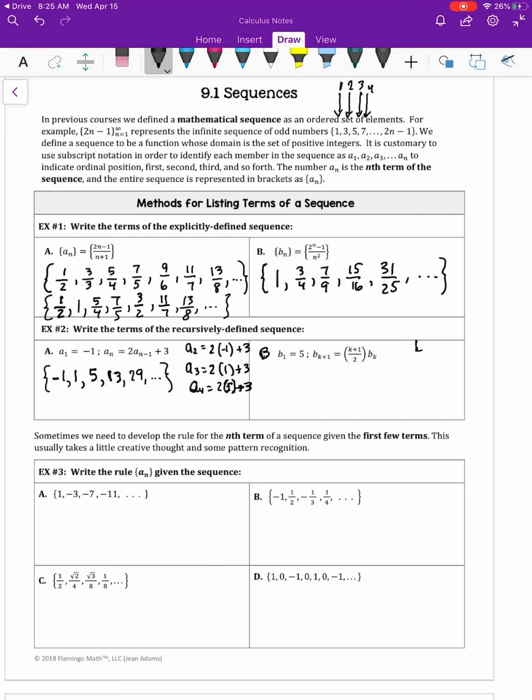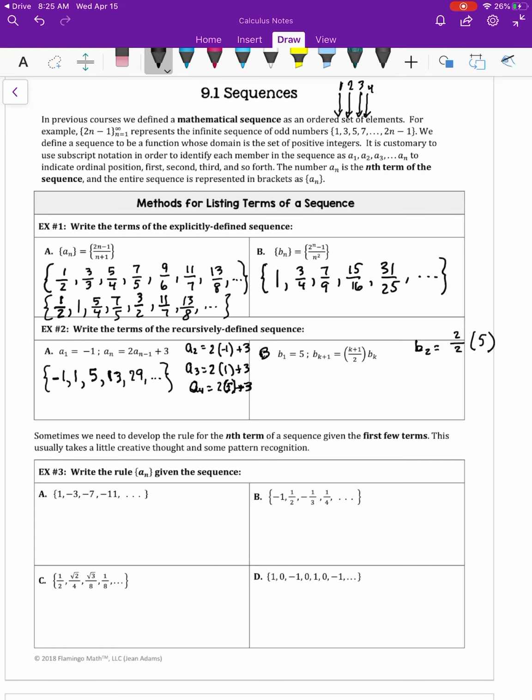Part C. Or actually, that should be a B, shouldn't it? Anyway. So my first term is 5. If I want my second term, I'm going to go times my first.